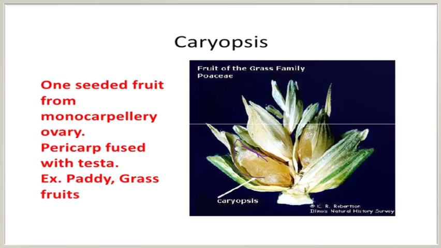So in achene, the pericarp is separate from the testa, but in caryopsis, the pericarp is fused with the testa. Here you can see it in this figure. Such a type of achenial or indehiscent dry fruit is called caryopsis.